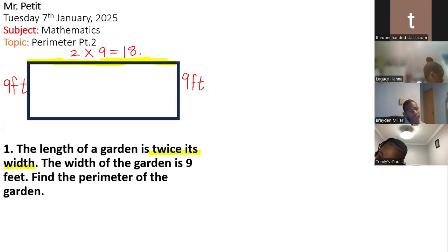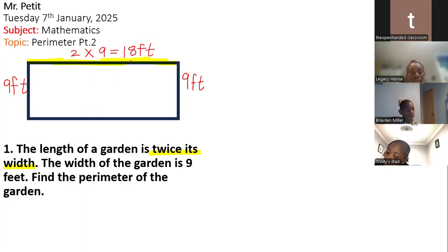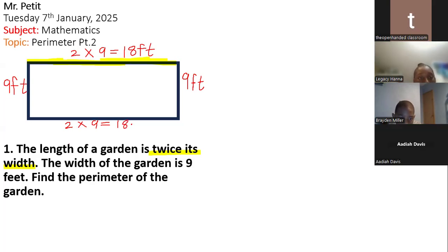So the length of this garden is 18 feet. And so if this is 9 feet, 18 feet, the bottom must also be 2 times 9. What is 2 times 9? 18 feet. Very good. 18 feet.